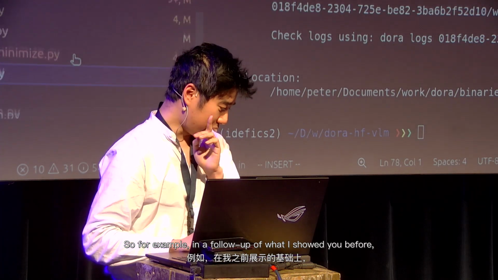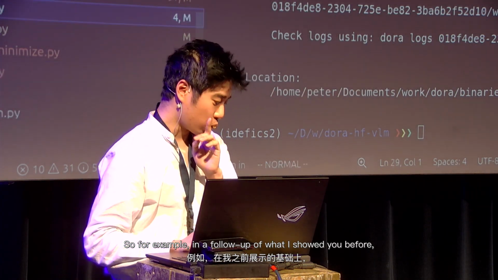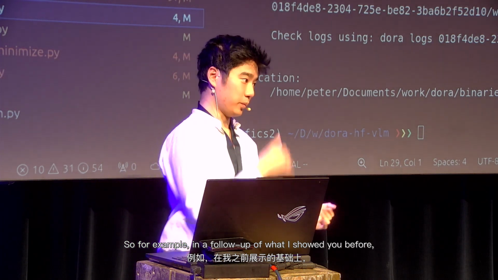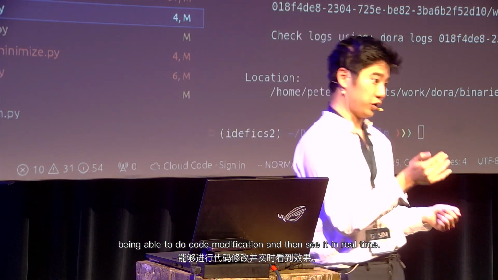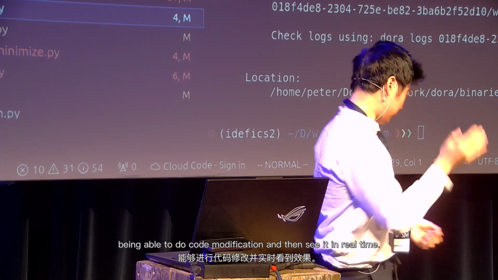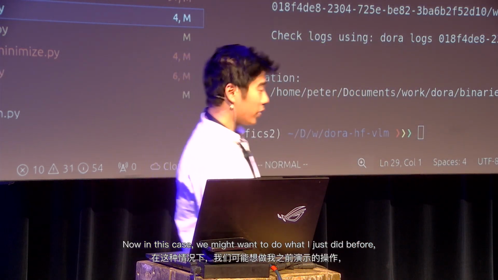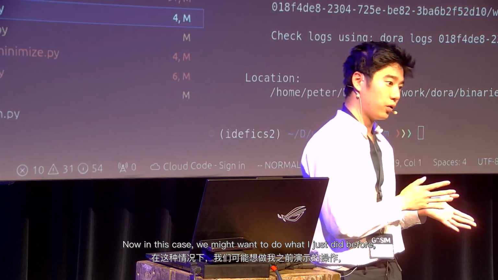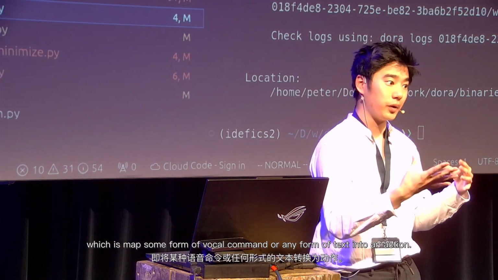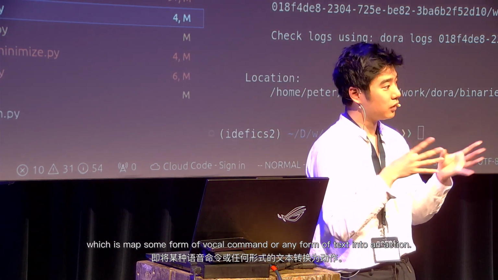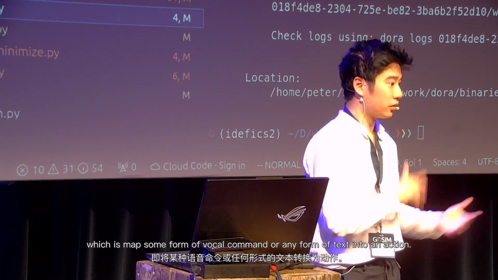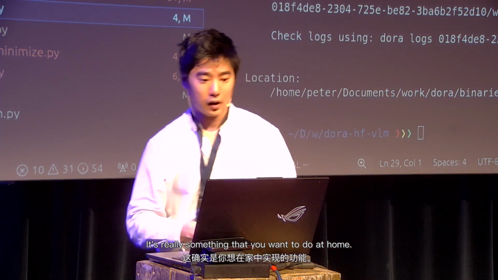So for example, as a follow-up of what I showed you before, being able to do code modification and then see it in real time. In this case, we might want to do what I just did before, which is map some form of vocal command or any form of text into an action. It's really something that you want to do at home.